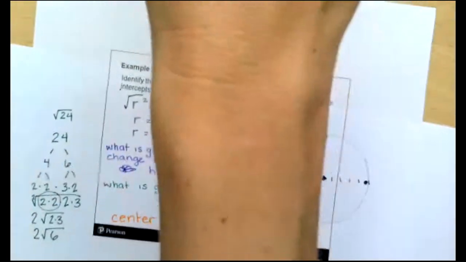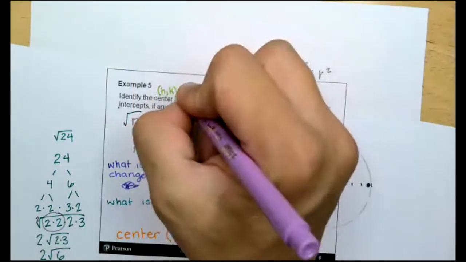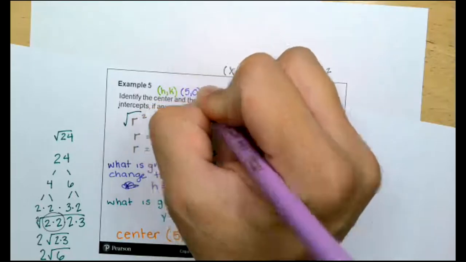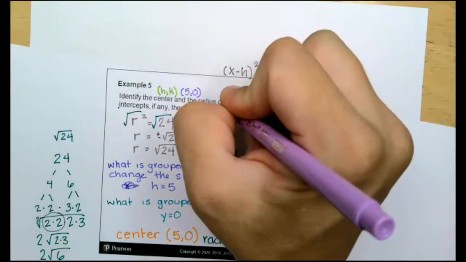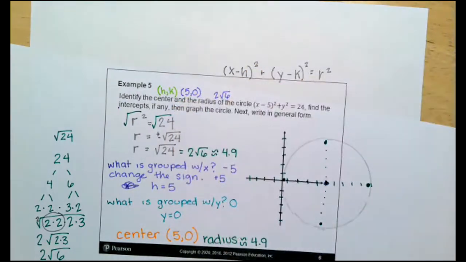So it says, identify the center. We identified the center. The center is (5, 0). Identify the radius. The radius was 2 square root of 6.